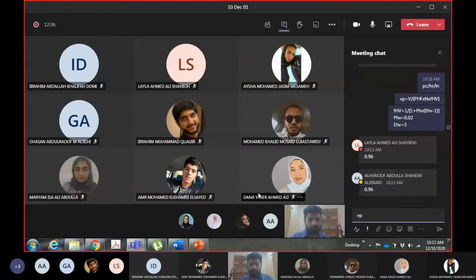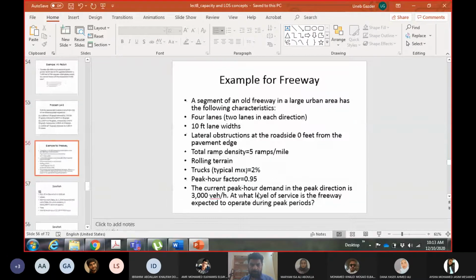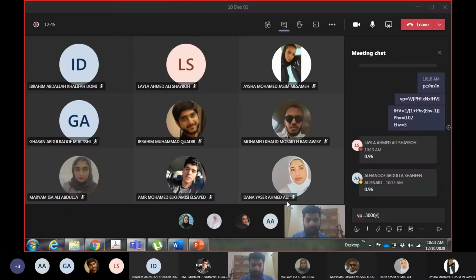So Vp equals 3000, the volume which is given, then peak hour factor. Let me go to the example. Yeah, peak hour factor is 0.95, 2 lanes in each direction. So you divide by the number of lanes in one direction, and heavy vehicle adjustment factor is 0.96.